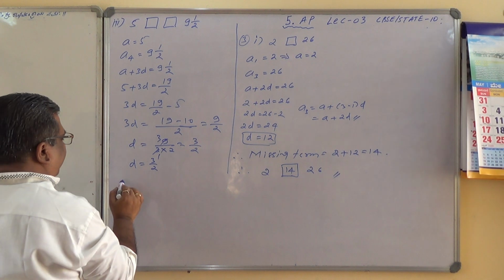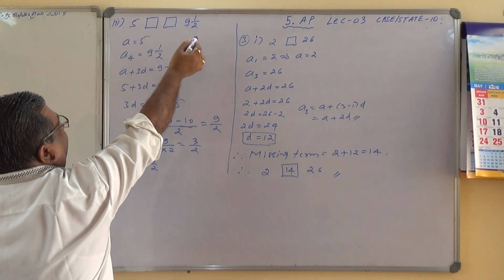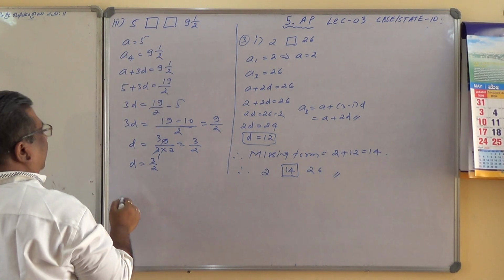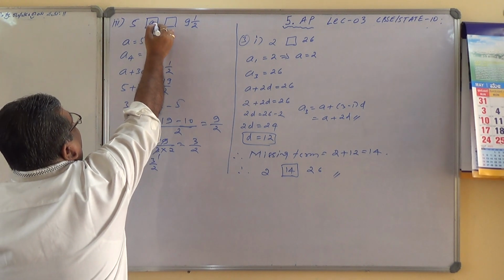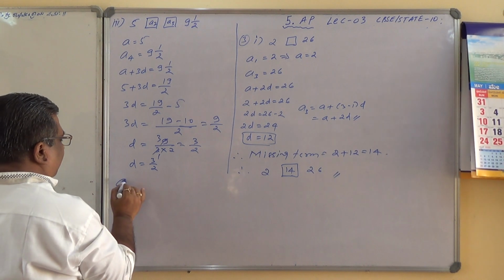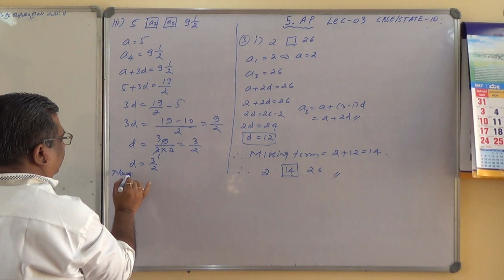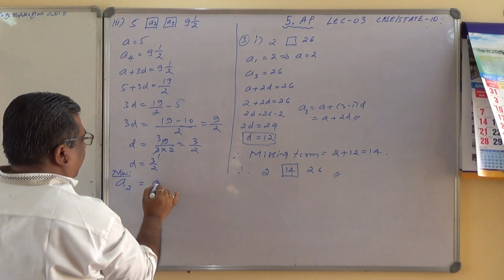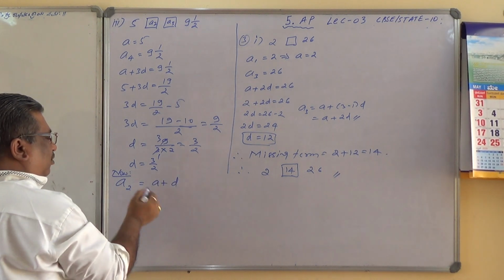Therefore, this is A1, A2, A3, A4. So A2 equals, you can write A2 and A3 also, so that it is easier. Now A2 equals A plus D, single D, 2 minus 1 is 1.